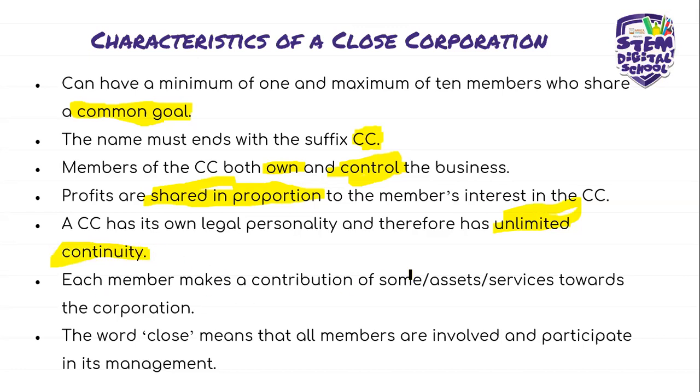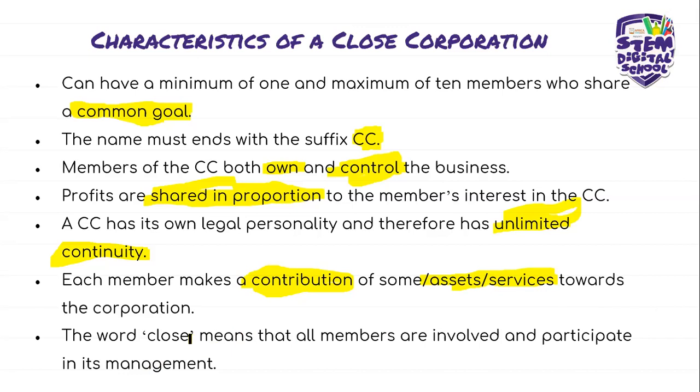Each member makes a contribution of some assets or services towards the corporation. So the member contributes some assets or services, right? It's very important. The word close means that all members are involved and participate in its management.